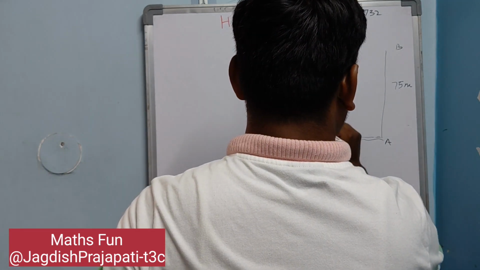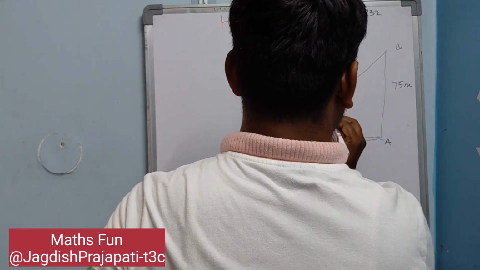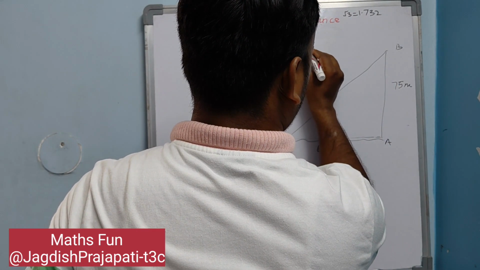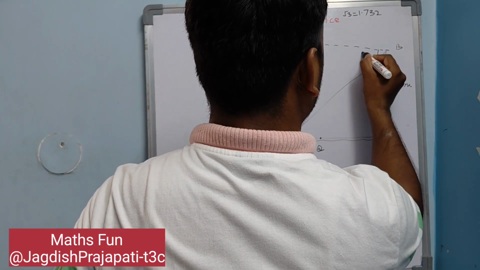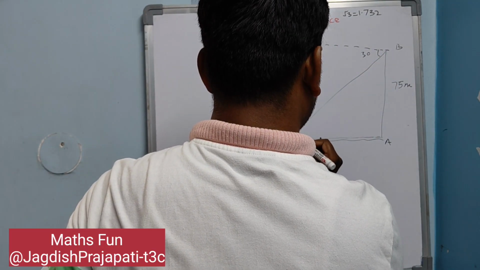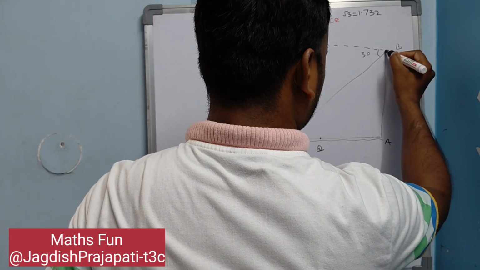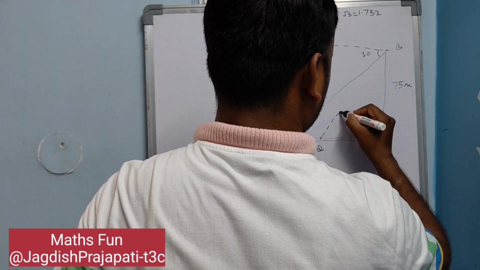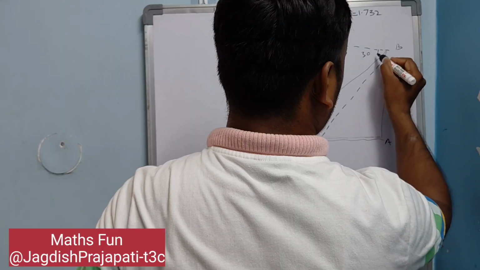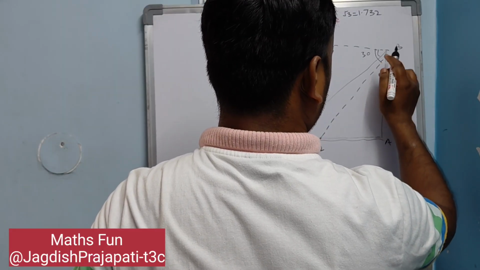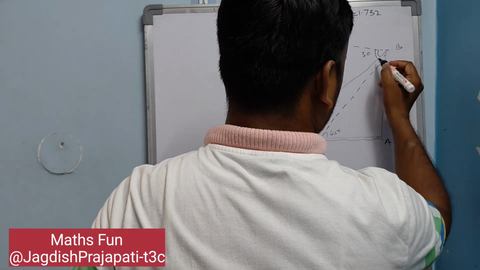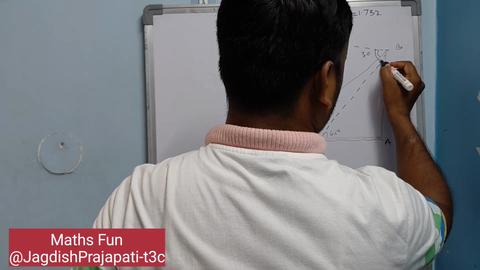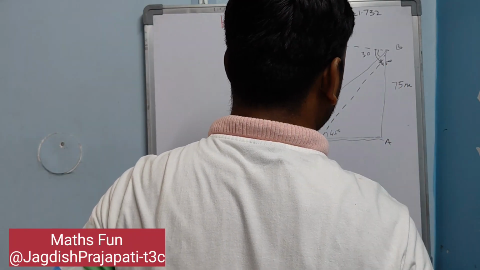So the angles of depression are 30°. This is 30°, and 45° till here only. So this will be 45°. Okay.